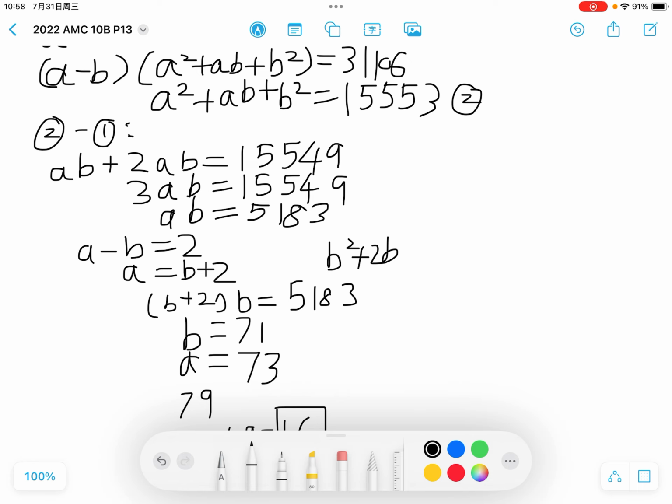So we want to find an integer that's really close to the square root of 5,183. We know that 70 squared is 4,900, which is really close to 5,183 compared to other squares. So you can try numbers that are slightly above 70, and that gives us 71 and 73 as our factorization.